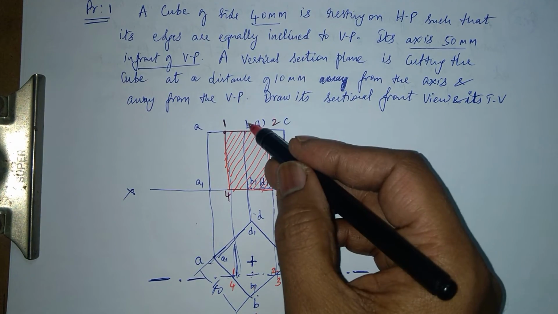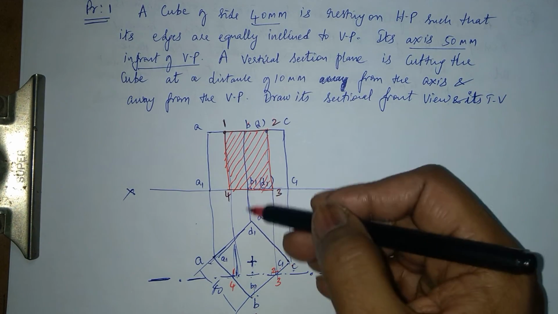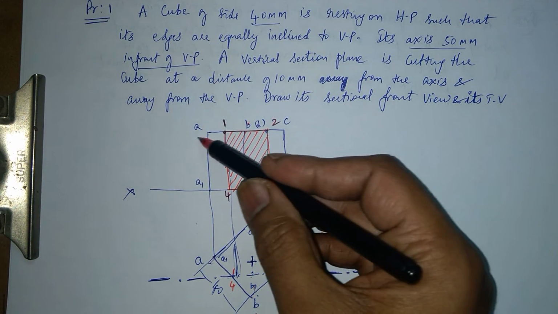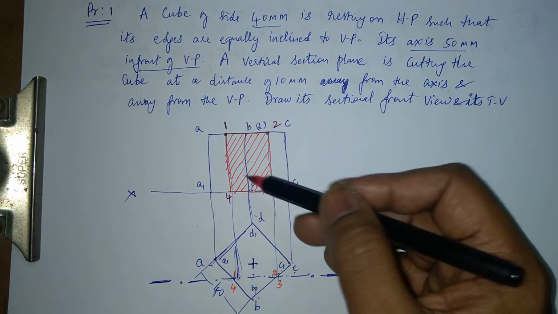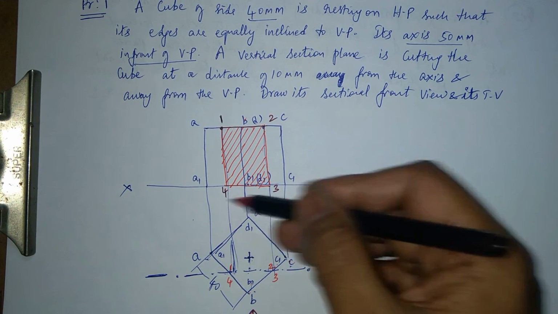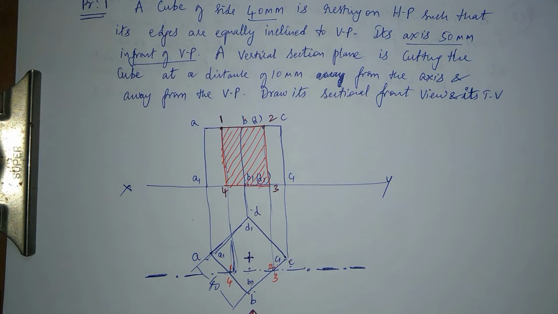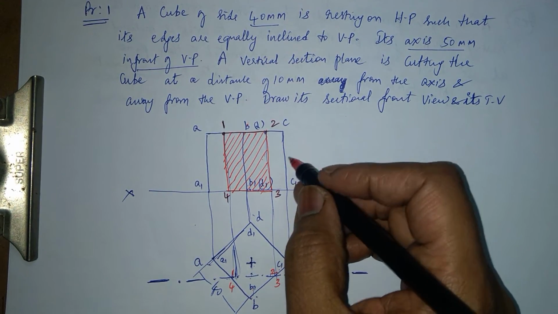B is gone, because B is removed here. B1 is removed. So the remaining part is just A1, C is there, D is there, B is gone. Similarly A1, C1, D1 and 3 and 4. This is called the sectional front view.